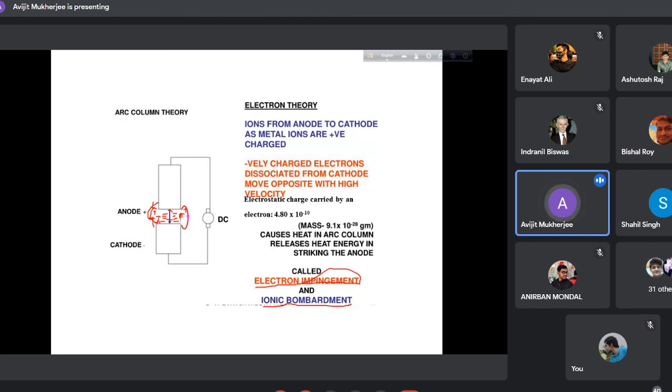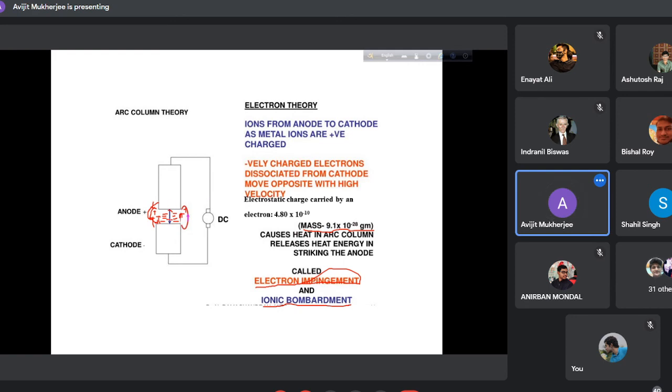Now, so this is the science. Now, how is heat generated due to this? Electrons have a very small mass, 9.1 into 10 to the power minus 28.